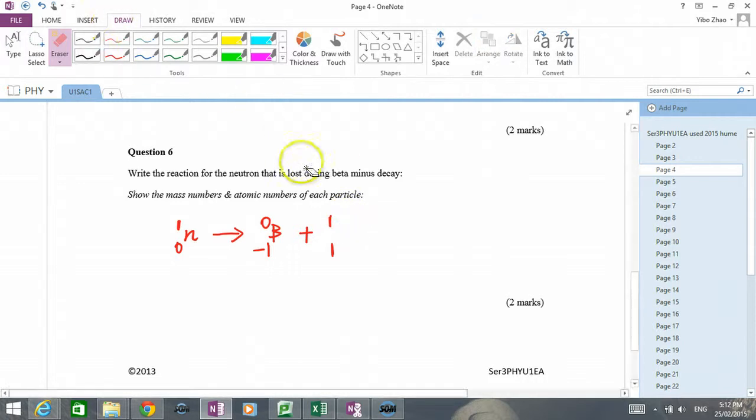Something that has only one proton, because the mass number is 1, is basically a proton. So during this process, what's happening is we have a neutron releasing an electron and becoming a proton. So this is what's happened there.